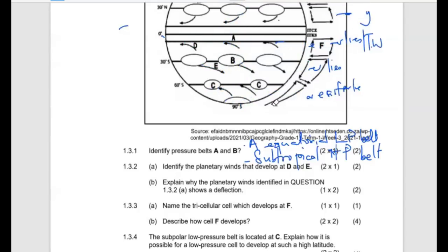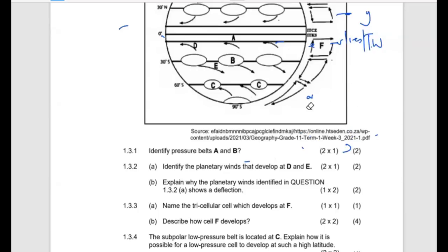Explain why planetary winds identify planetary winds that develop at D and E. I think we've discussed that. Right, our D there is representing the tropical easterlies. As we can see, D is representing our tropical easterlies.